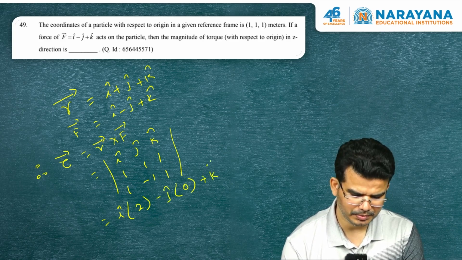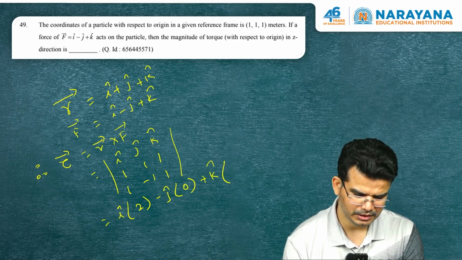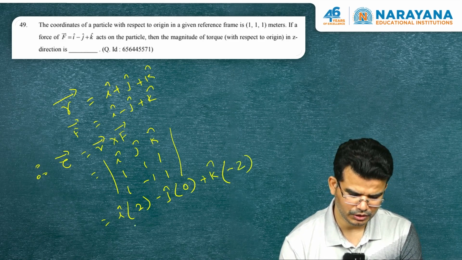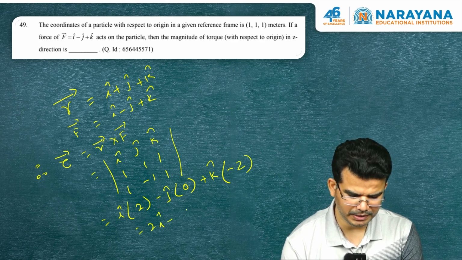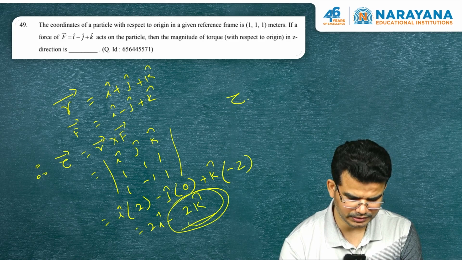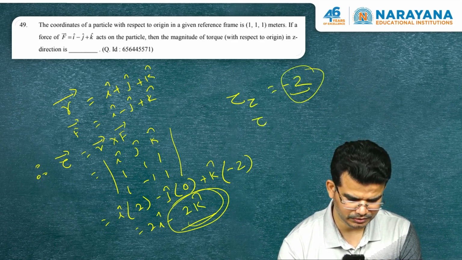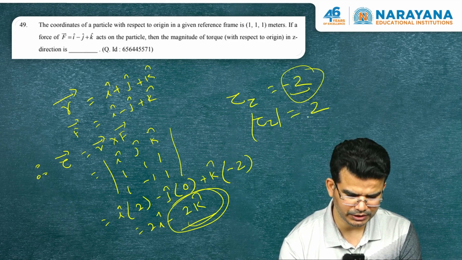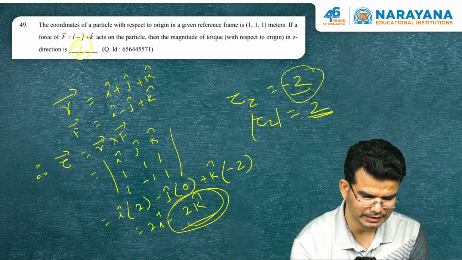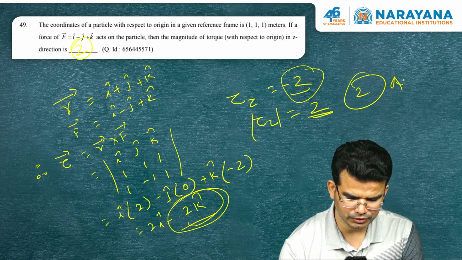Plus k cap, 1 into minus 1 minus 1 into 1, so minus 2. So, it is actually 2 i cap minus 2 k cap, but they are asking only along z. So, the torque z component is minus 2. Magnitude is only 2. So, the answer is 2.